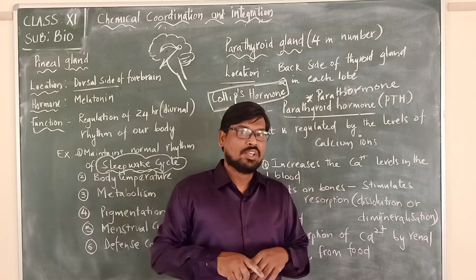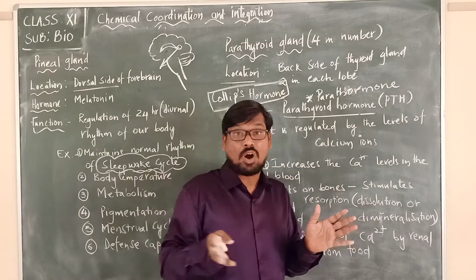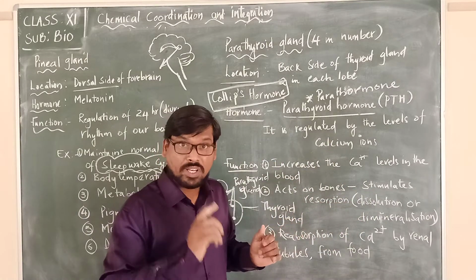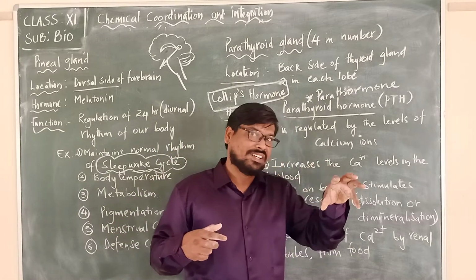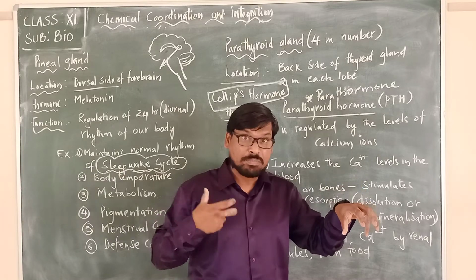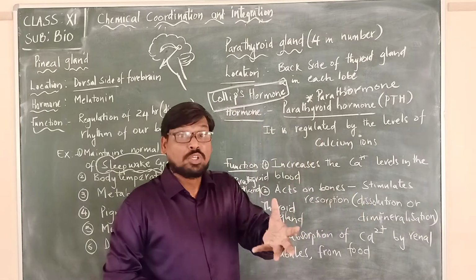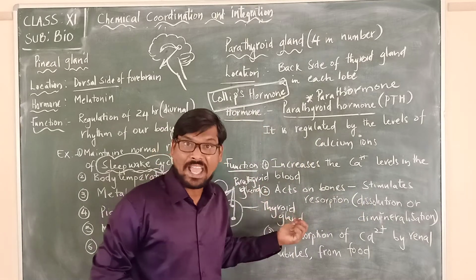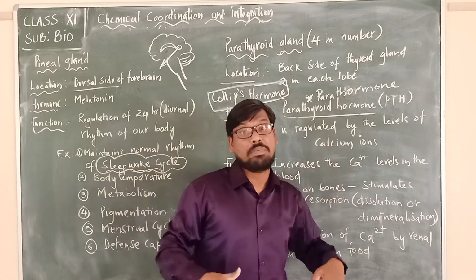Through the kidneys. So when the calcium is released outside in the form of urine, and when the calcium is present in the kidneys, and at the same time the calcium is required by the body, messages will be sent to the kidneys to reabsorb the calcium and circulate it back into the bloodstream.